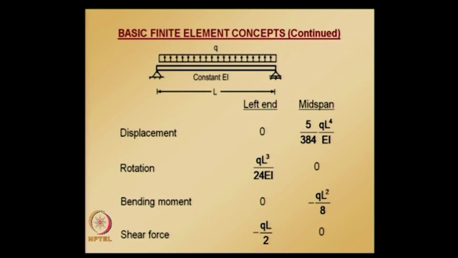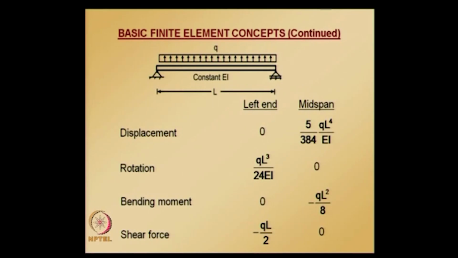The rotation at the left end is QL^3 over 24 EI, and at mid span it is 0. The bending moment at the left end is 0, and at mid span it is minus QL^2 over 8. The shear force is minus QL over 2 at the left end and 0 at mid span. So, we know the exact solution for this problem.